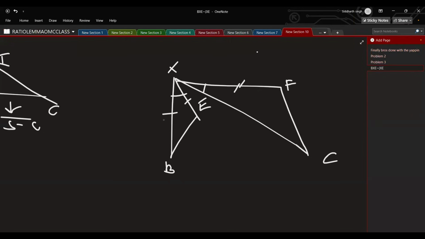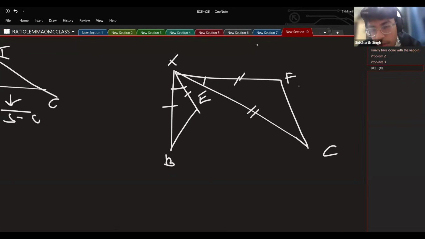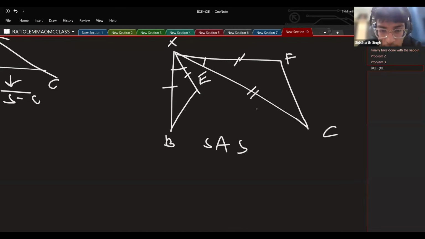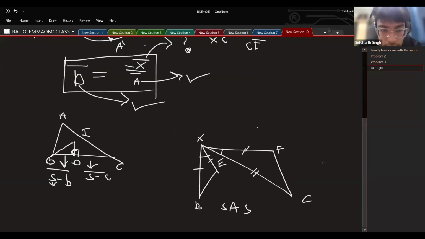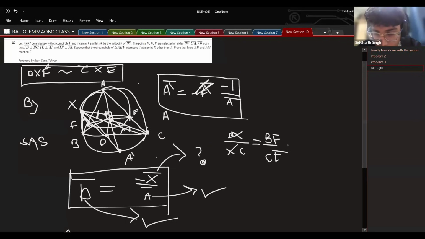But these two angles are equal. So by SAS similarity criteria, these two triangles are similar. That also means that BE by CF is equal to BX by XC, by similarity proportions, because the two triangles are similar, right?